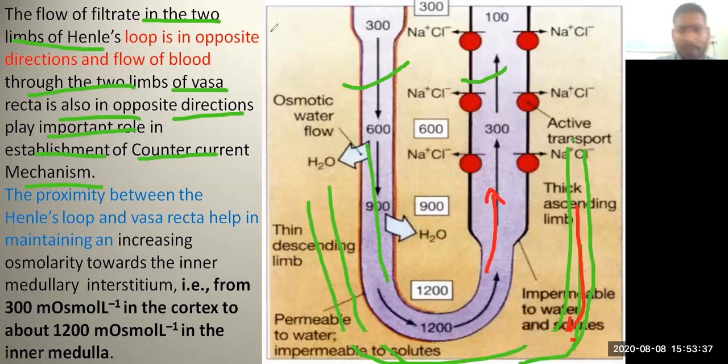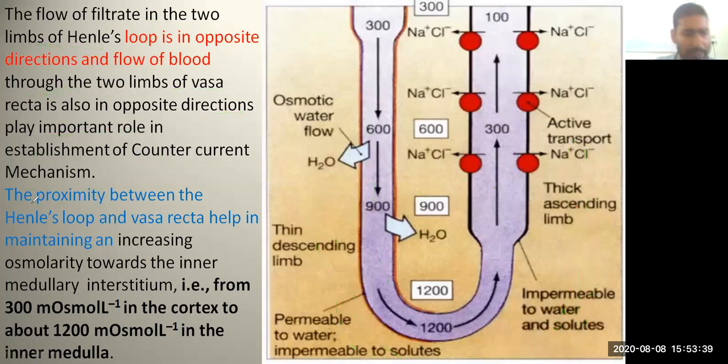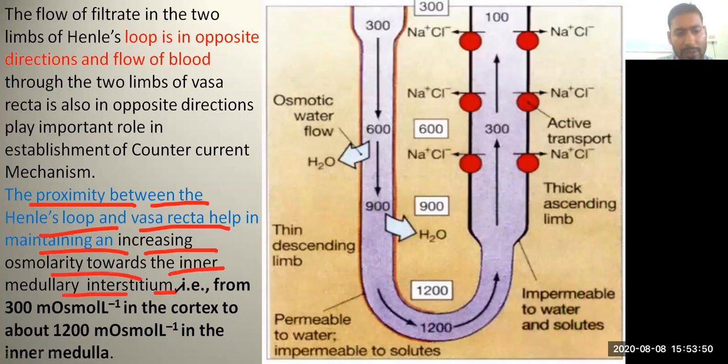Next, it explains that the proximity between Henle's loop and Vasa recta helps in maintaining and increasing the osmolarity towards the inner medullary interstitium. The Vasa recta and the loop of Henle are very close to each other.